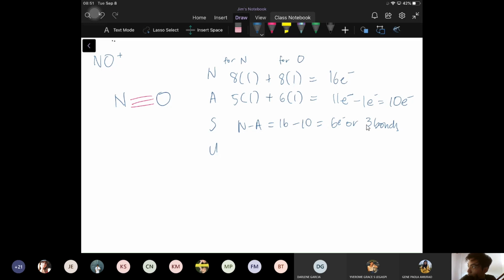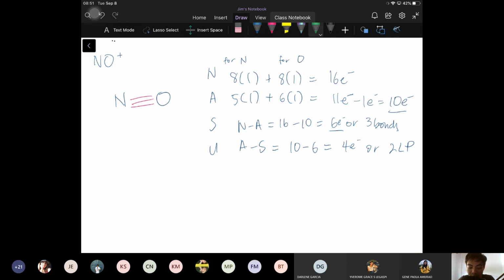Then what's next? U. So the formula for U is A minus S. So that's 10 minus 6, 4 electrons or 2 lone pairs. Again, how do we distribute the lone pairs?